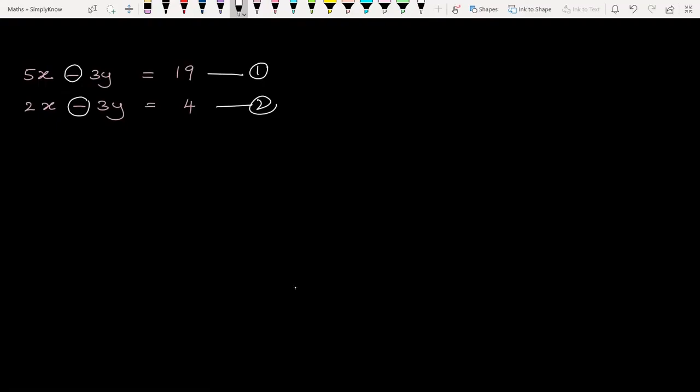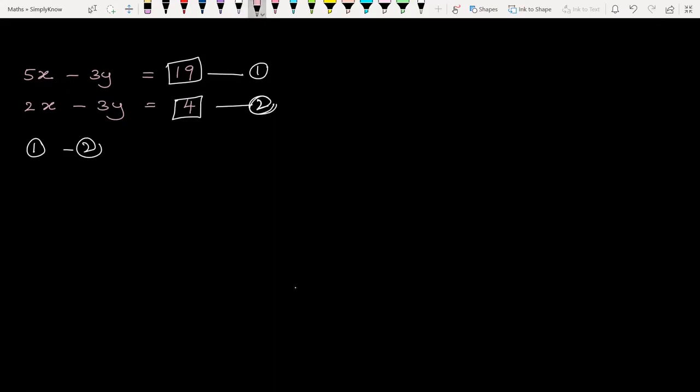Now on the right side, I have 19 and 4. So I'm going to deduct the smaller number from the larger number. This means we are going to deduct the second equation from the first equation.